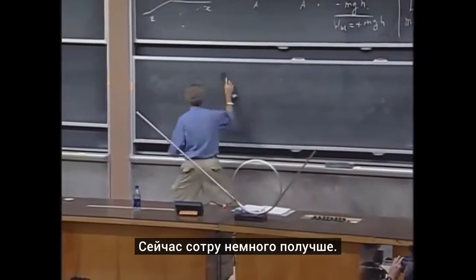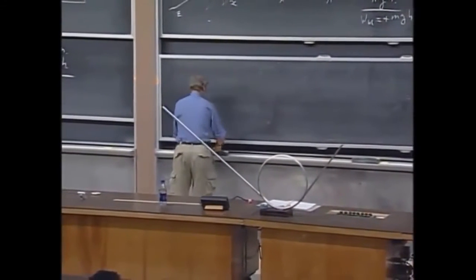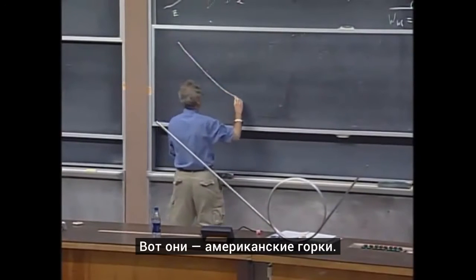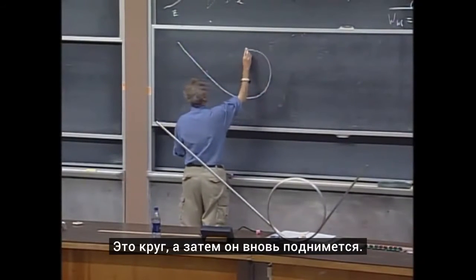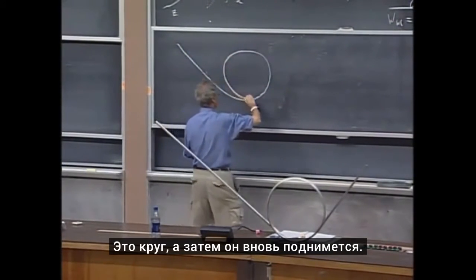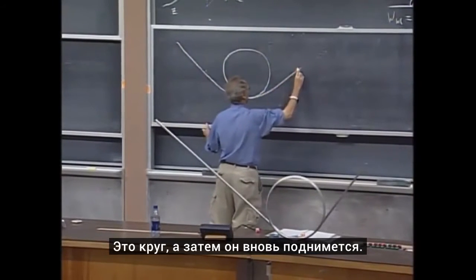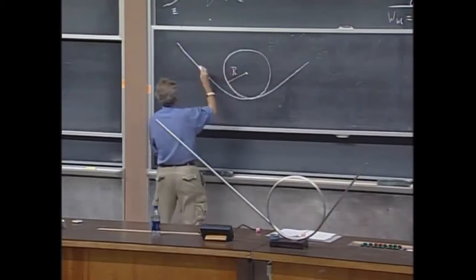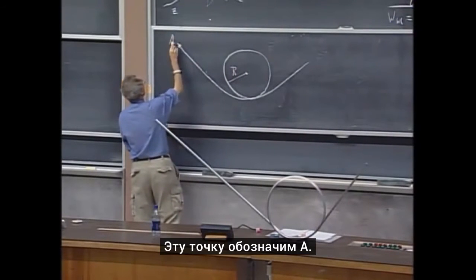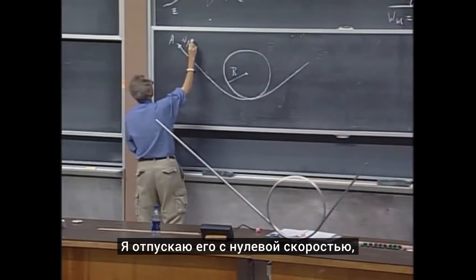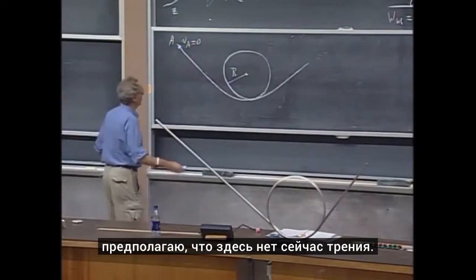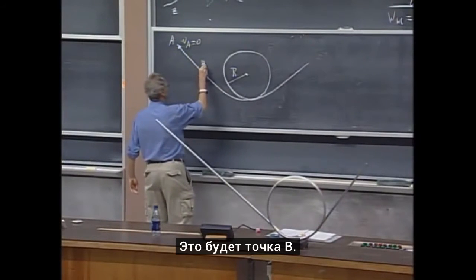Let's clean it a little bit better. Here is that roller coaster. This is a circle, and then it goes up again. So let the circle have a radius r. This point be A. I release it with 0 speed. I assume that there is no friction for now. This point be B.